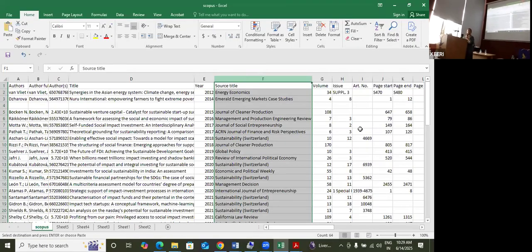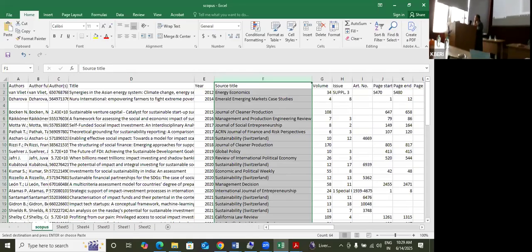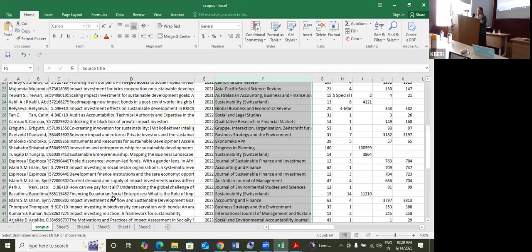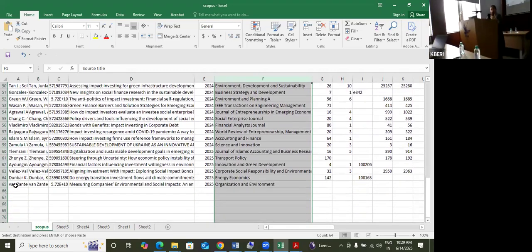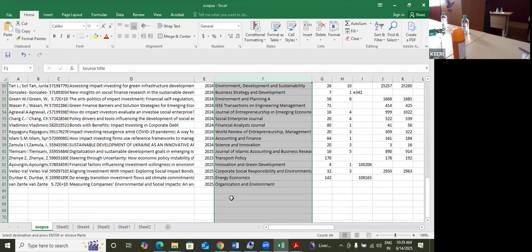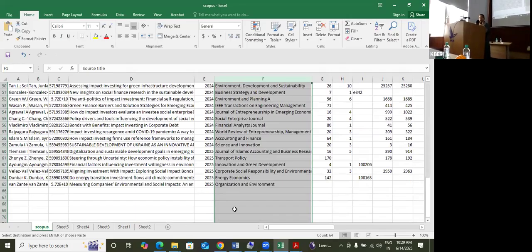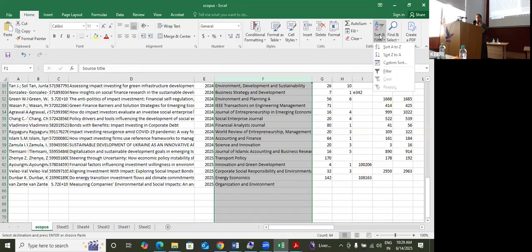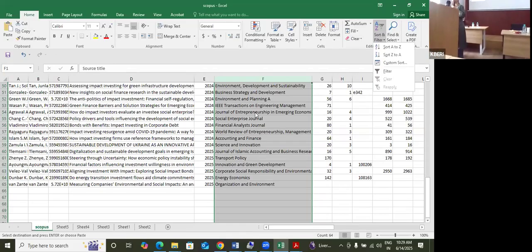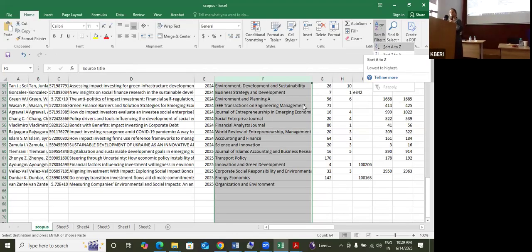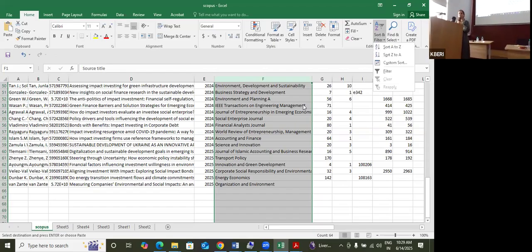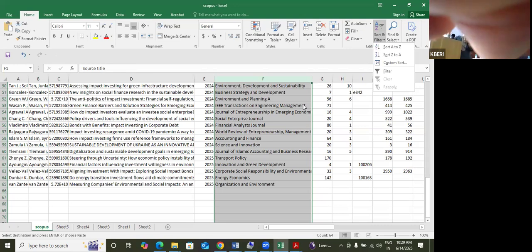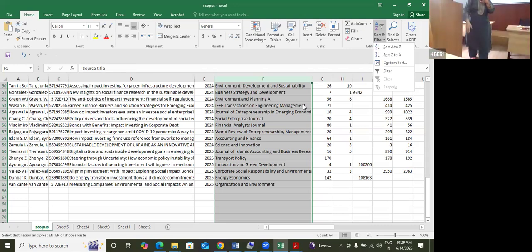At the bottom of it, you will put the other database's papers, and the title field of the other database should be at the same place in the same column. After that you will sort it. Are you able to understand what I'm saying? So you sort this, and then duplicate papers will come at the same place. So you have to delete the duplicate files. That is how it becomes your master file, and then you can work upon it.